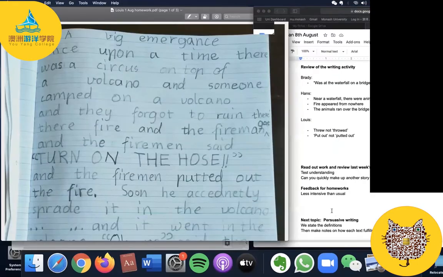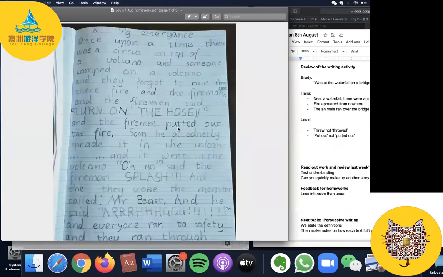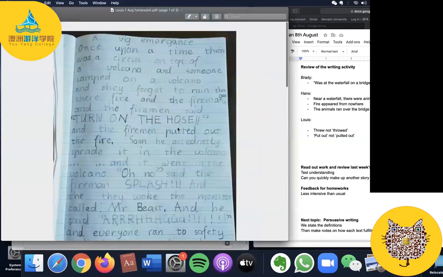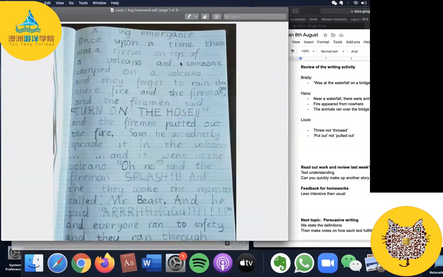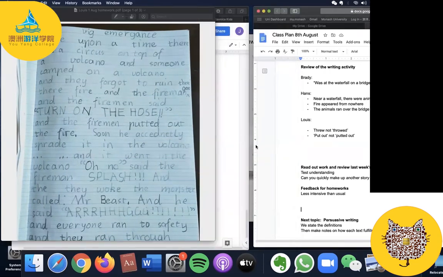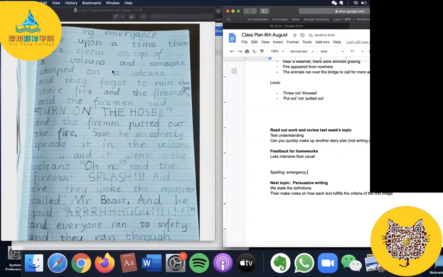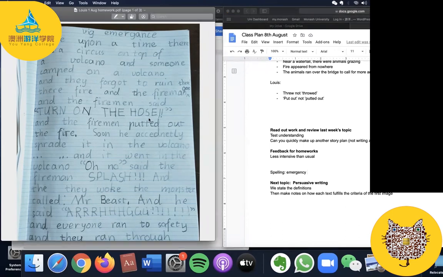All right, Lewis, let's see how you went. Wow, 3 pages. Good job. A big emergence. Do you mean emergency? Yes. Okay, I'll give you the spelling for that. Everybody, let's read this. And anywhere we think we can improve, put your hand up and tell us what we should do, what we should change, okay?